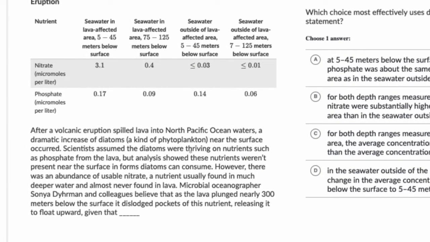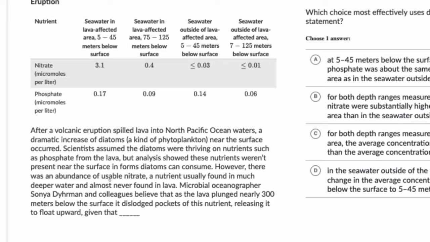After a volcanic eruption spilled lava in the North Pacific Ocean waters, a dramatic increase of diatoms, a kind of phytoplankton, near the surface occurred. There was a dramatic increase of diatoms near the surface. Scientists assumed that the diatoms were thriving on nutrients such as phosphate from the lava, but analysis showed these nutrients weren't present near the surface in forms that diatoms can consume.